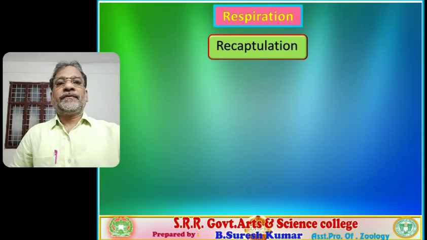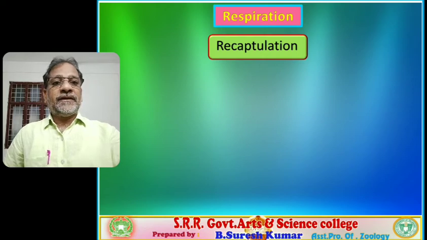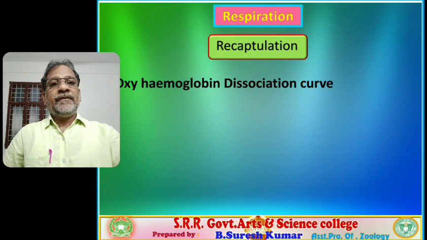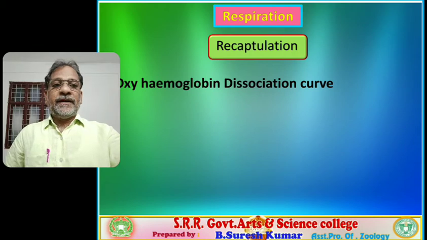Hello, viewers. Let us recapitulate the concepts we learned in the last session. In the part of the human respiratory system, we completed the oxyhemoglobin dissociation curve.